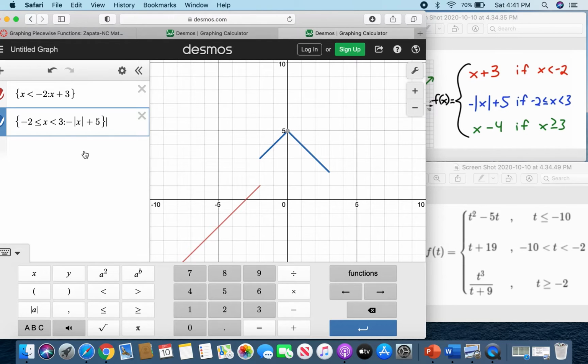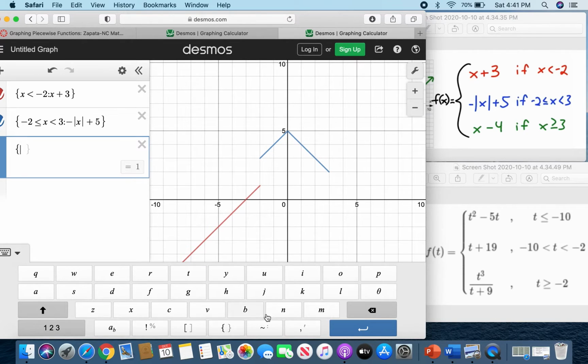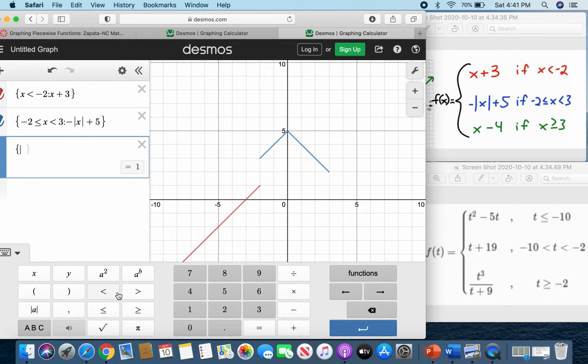And then the last one, x is greater than or equal to 3, so set the condition first. Go to ABC, go back, and then x is greater than or equal to 3. Then colon, and write the equation x minus 4.